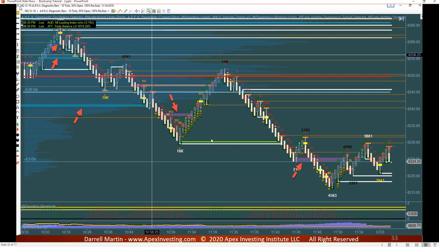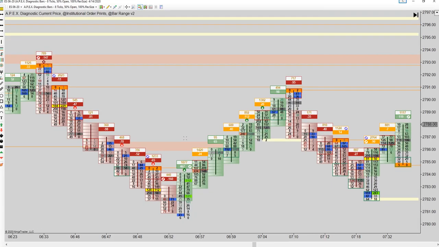And they're all plotted based on what's going on inside the bar. Meaning all of these things you're seeing plotted here are based on what's going on inside these bars.